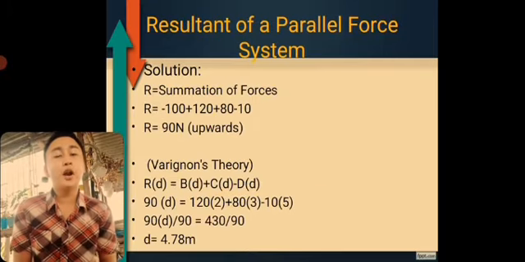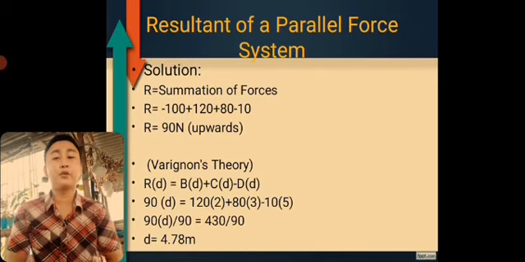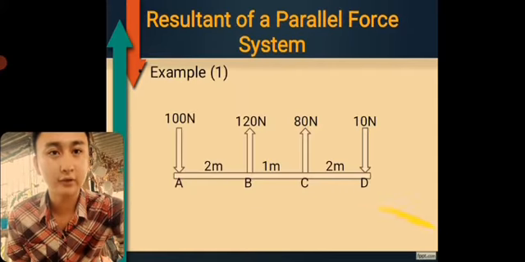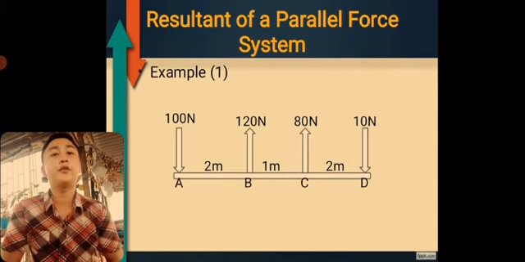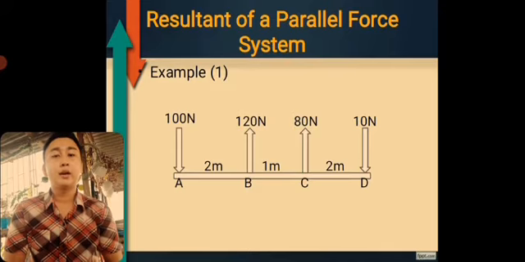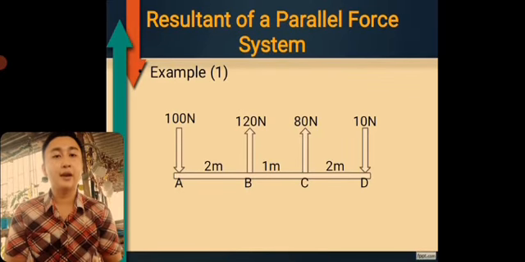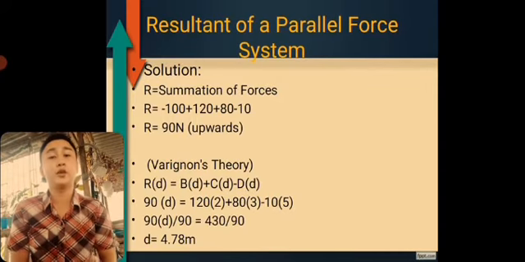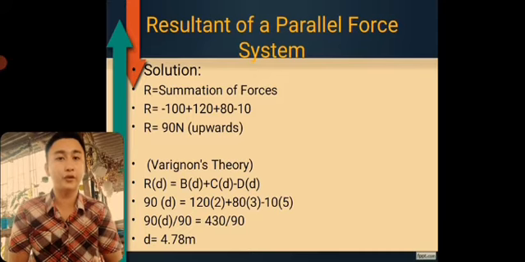Okay, so for our solution to find the resultant, but first, let's assume that if the force was applied downwards, like point A, then it is negative. But if the force was applied upwards, like point B and C, then it is positive. So the resultant is equal to the summation of forces.